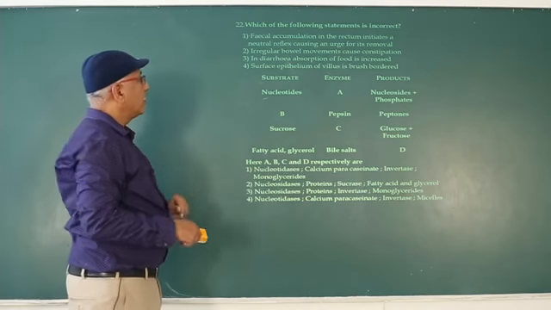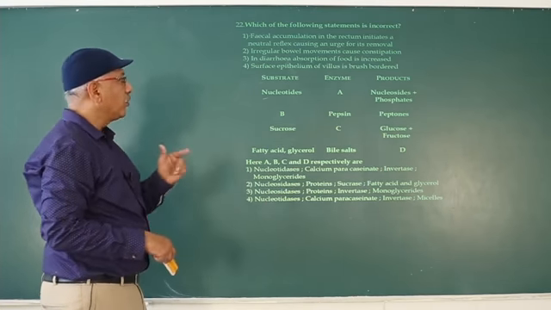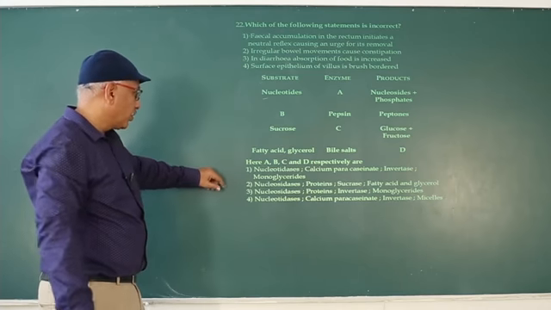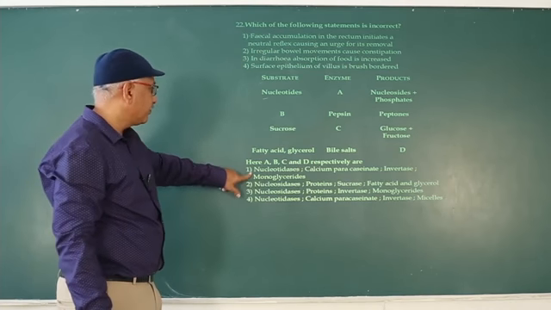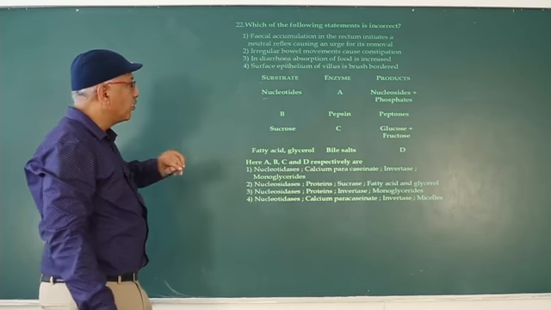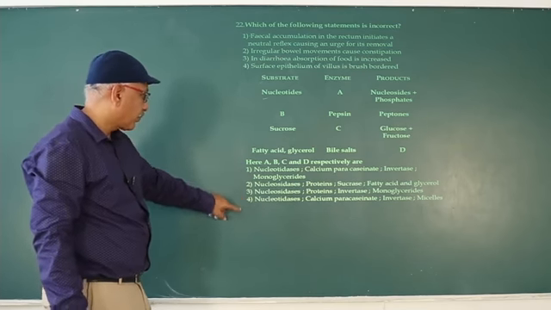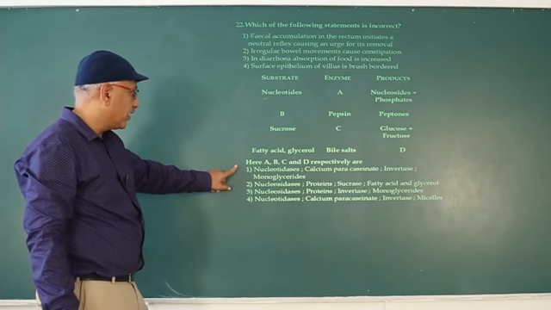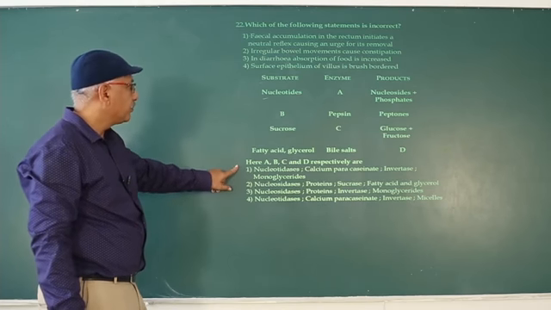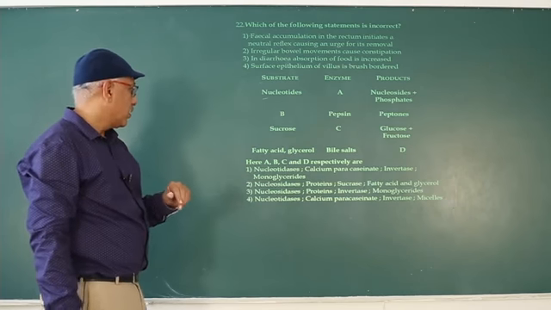Next, question 23. Substrate, nucleotide, enzyme. A: nucleoside, that is nucleotidases. Nucleotidases act on nucleotide and convert it into nucleoside. B: pepsin, peptone, substrate.